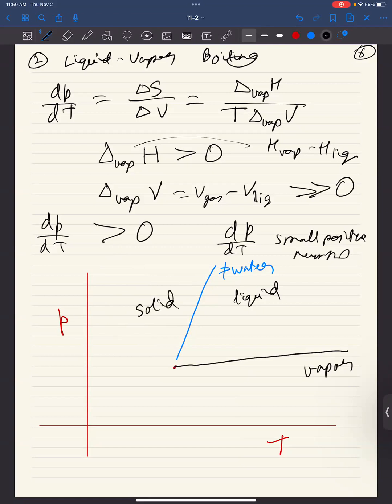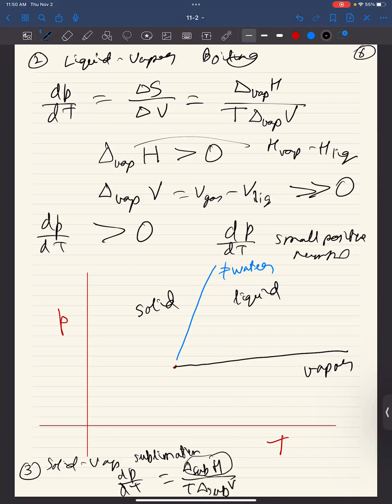This is solid, okay? Now the final one is solid versus vapor, and we'll just do it on this page. Solid to vapor, same idea. This is known as sublimation, right? So dP by dT will now be delta sublimation H divided by T, divided by delta sublimation volume.